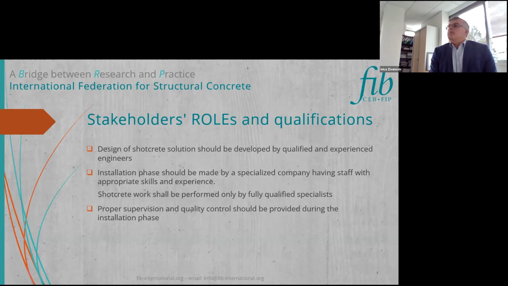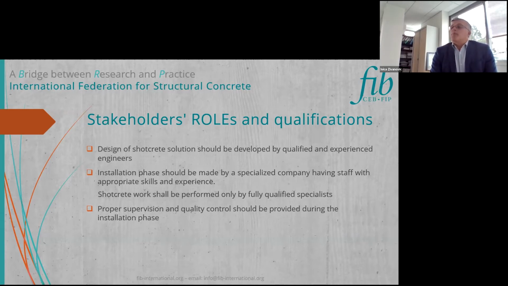Installation phase should be made by a specialized company, because as I showed at the beginning in the picture, the key operation is the spraying itself, which is dedicated to trained people who are able to use the nozzle system correctly to apply as much as possible in one shot the required layer thickness on the shape itself sometimes.